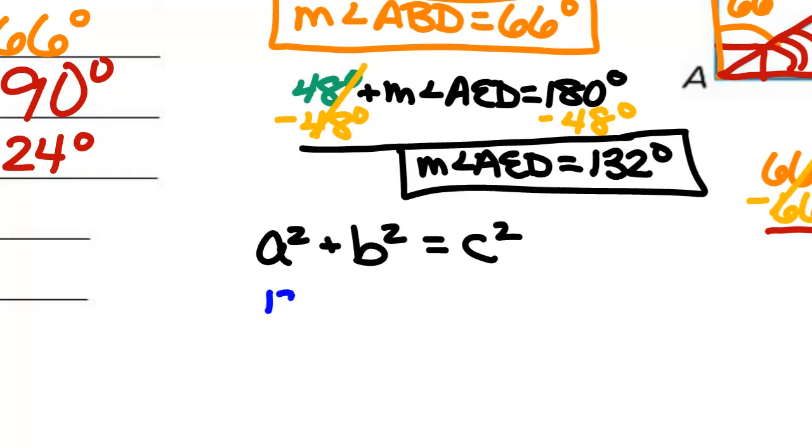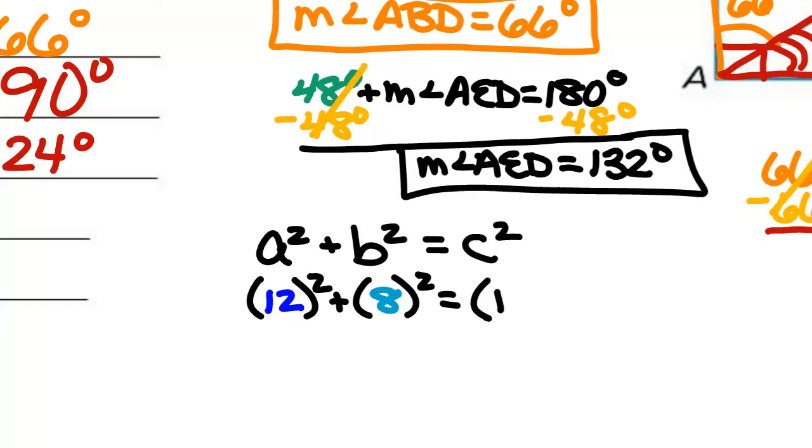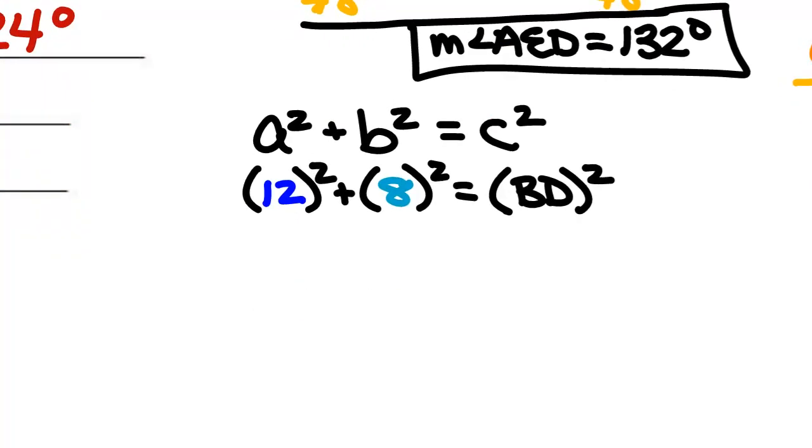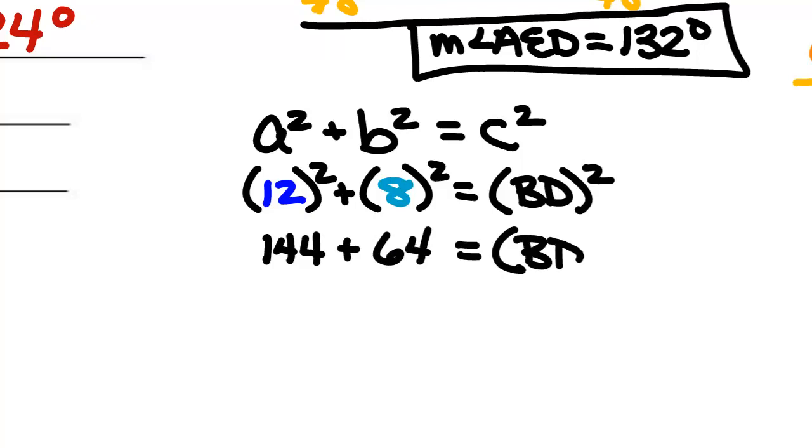So I would have 12 squared plus 8 squared is equal to BD squared. 12 squared is 144. 8 squared is 64. 144 plus 64 is 208.